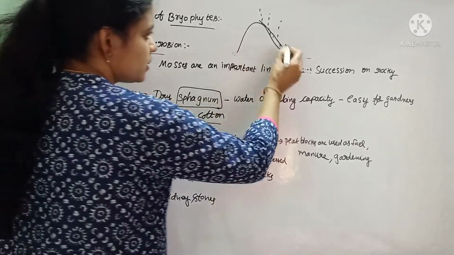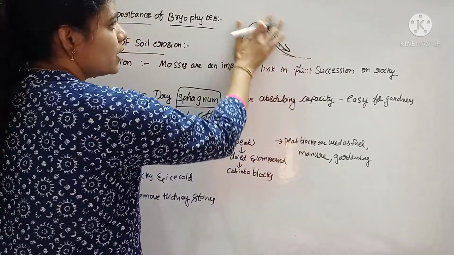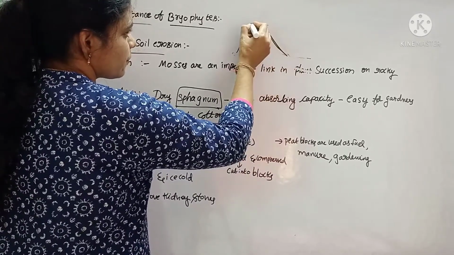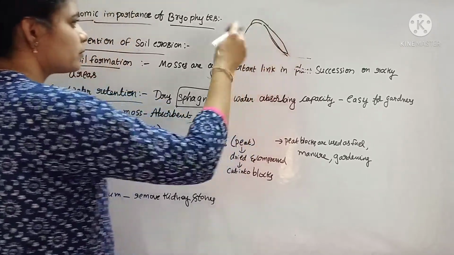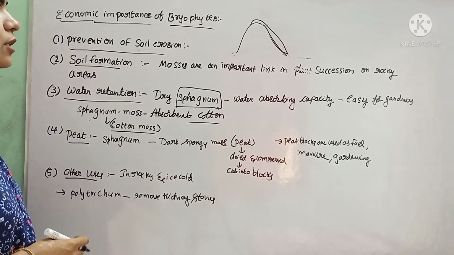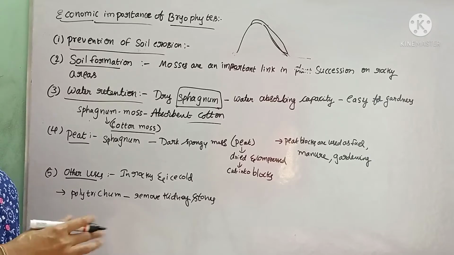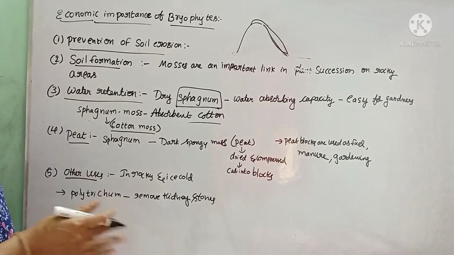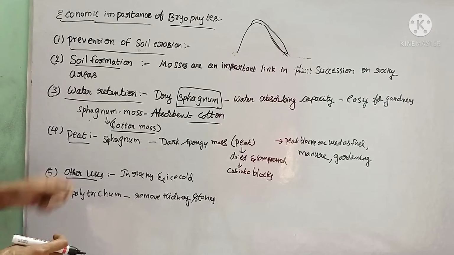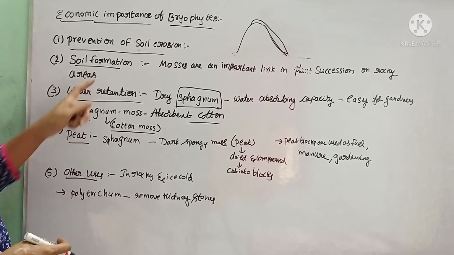Instead, if we grow bryophytes in those regions, they will hold the soil particles very tightly and keep the soil without erosion, even during the rainy season. They protect the soil from erosion.